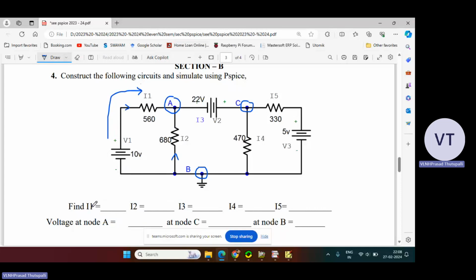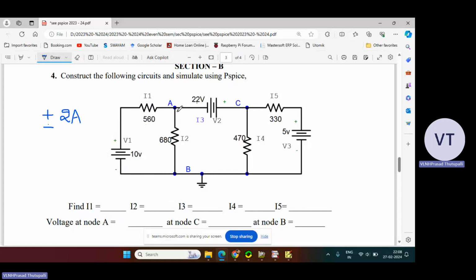As I didn't mention any directions in this particular circuit diagram, you don't worry about the sign of the current component. You are asked to write only the magnitude of that current. So whether it is plus 2 amperes or minus 2 amperes, you have to write that as 2 amperes.